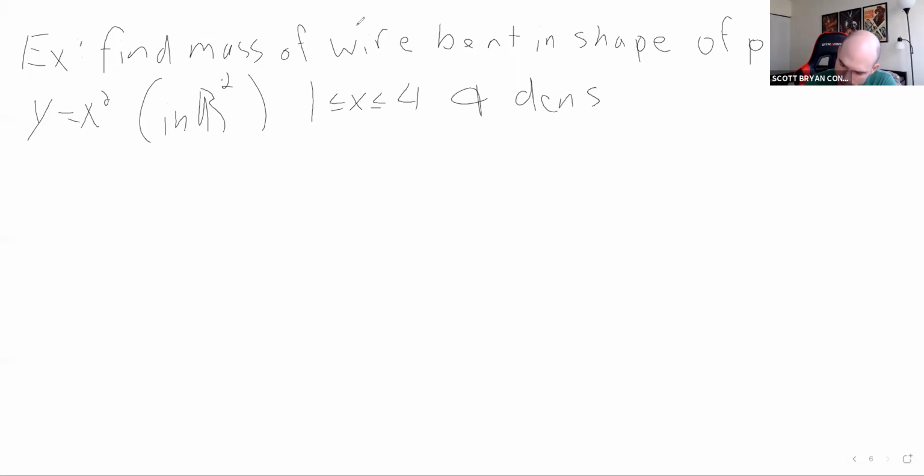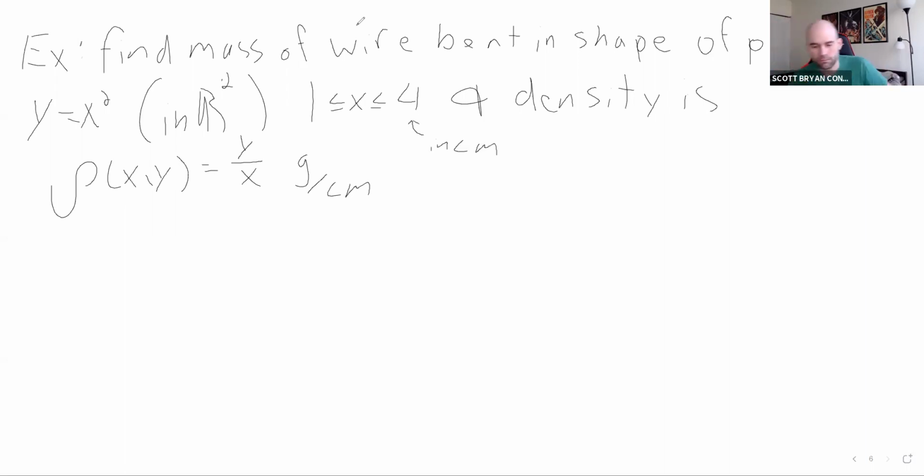And here our mass density is going to be y over x, grams per centimeter. And let's suppose our units are centimeters in the plane.